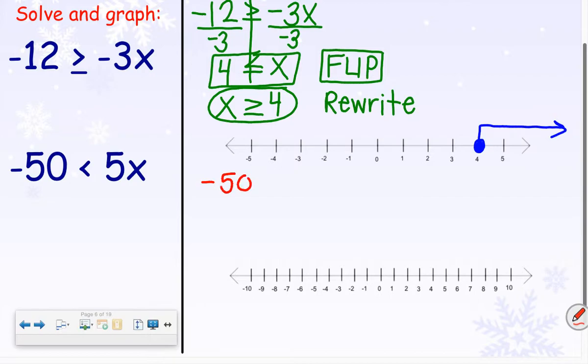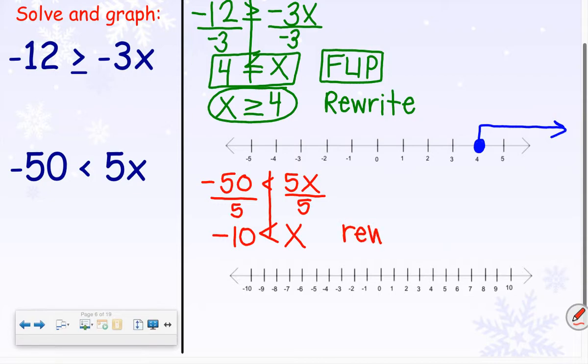Negative 50 is less than 5x. Divide both sides by 5. We divided by a positive, so we didn't have to flip, but I do want to rewrite.